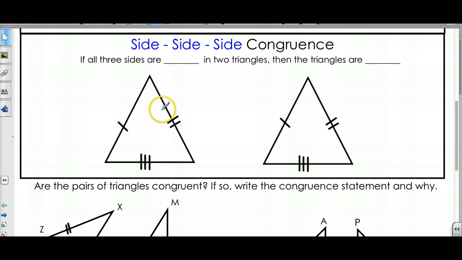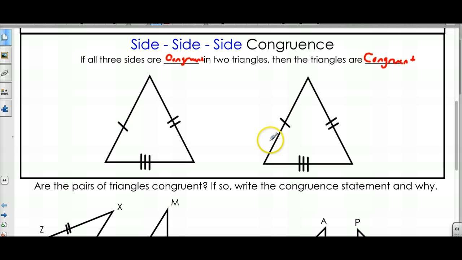And what we're going to start off with is this: side, side, side congruence. And that is basically this: if all 3 sides are congruent in 2 triangles, right? So both of these triangles have 3 sides that are congruent, then the triangles are congruent. I don't have to show that all 3 angles are also congruent, because I know that if 3 sides are congruent, then definitely these 2 triangles are congruent.